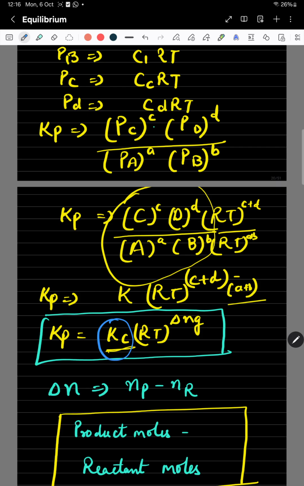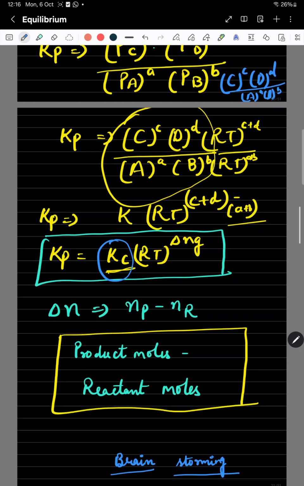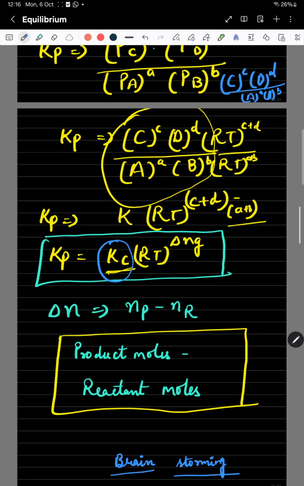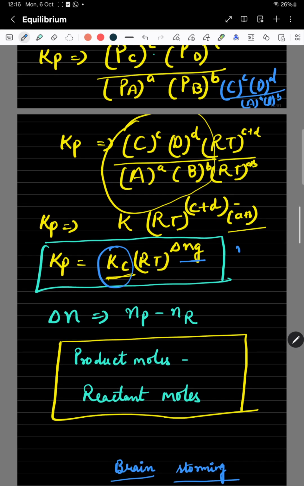So here, in the place of this C power c, D power d upon A power a, B power b, you can write Kc, in place of this RT power delta Ng. Delta Ng is what? The product moles minus reactant moles.